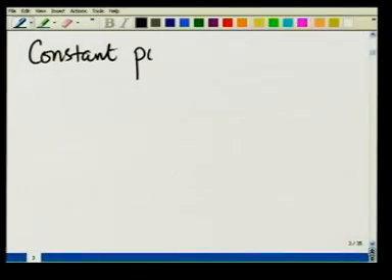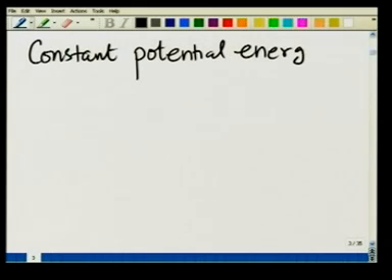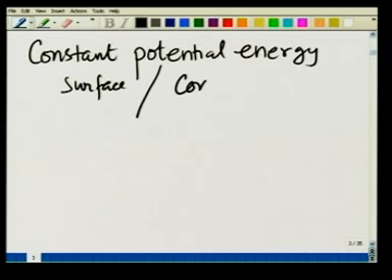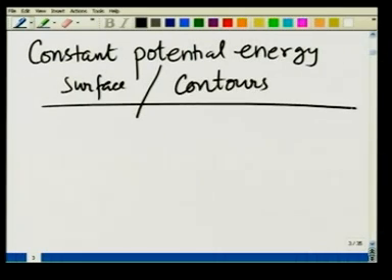For that, let me first introduce the concept of a constant potential energy surface, or in 2 dimensions what are called contours. And probably when you were doing your geography or something in your 8th or 9th grade, you came across such a term as contours.